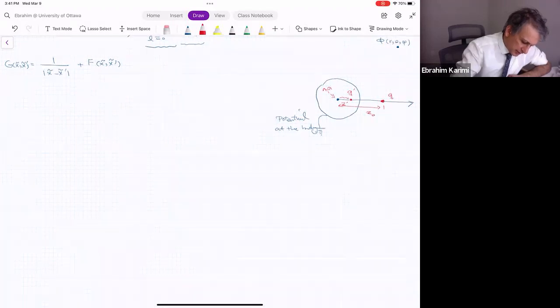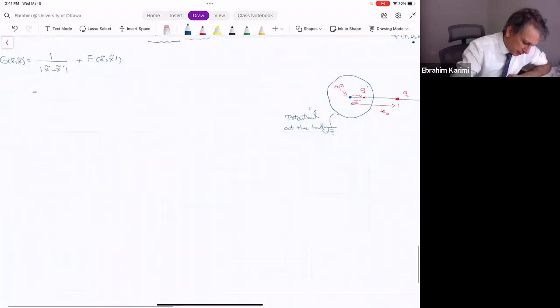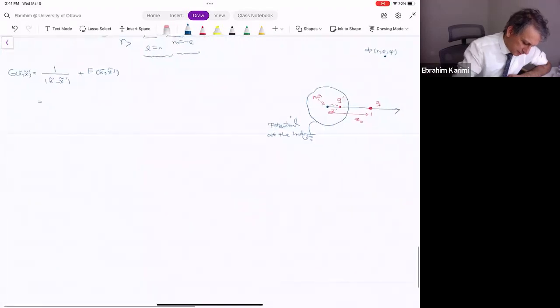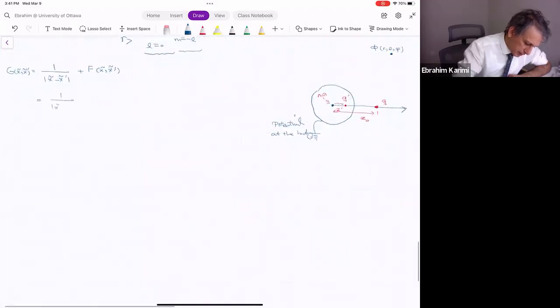So this expression was given by 1 divided by |x minus x prime| minus, for sure it is minus, because of the mirror charge, A divided by R prime, then 1 divided by |x minus A squared over R prime squared times x prime|.